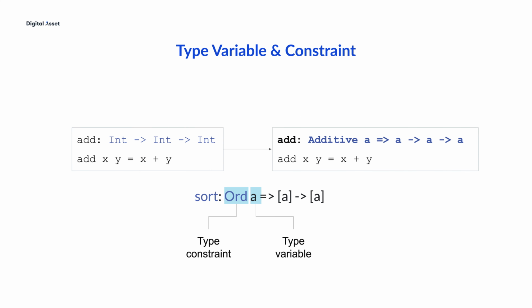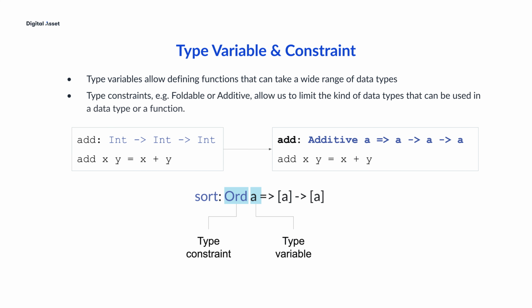If you omit the signature for add, the compiler infers the type constraint as Additive a to indicate that a must be of a type that can be added. Type variables allow you to define functions to take a wide range of data types, while type constraints restrict the types that can be used. By limiting the types, you gain more information and unlock greater possibilities.